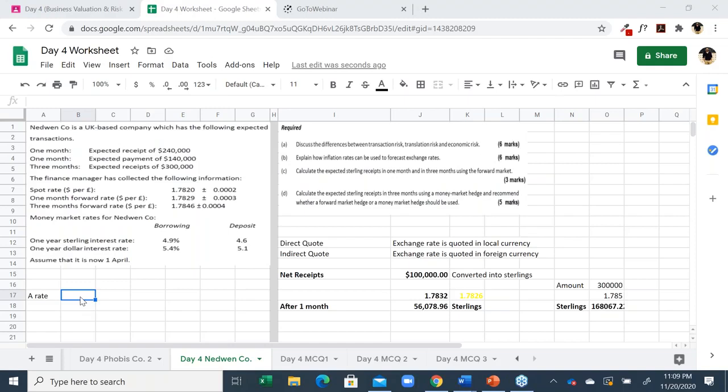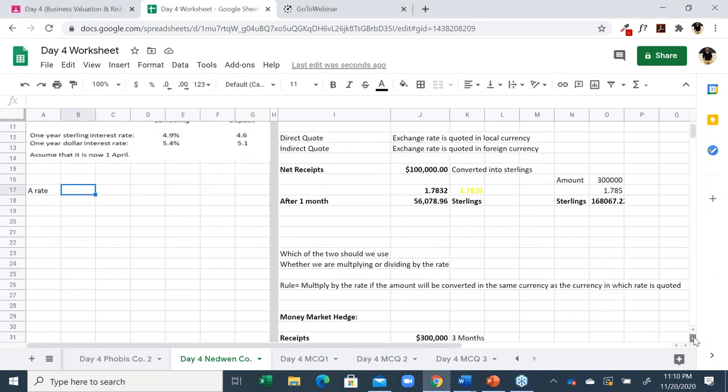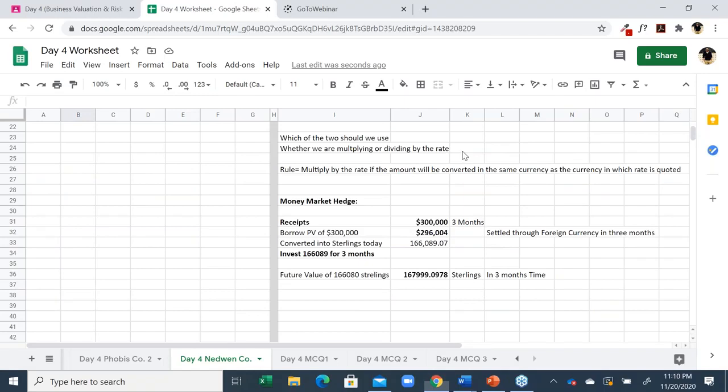Interest rate parity theory. Now, first of all, what was this situation? This was a receipt situation, right? And what was our first step in this money market hedge?